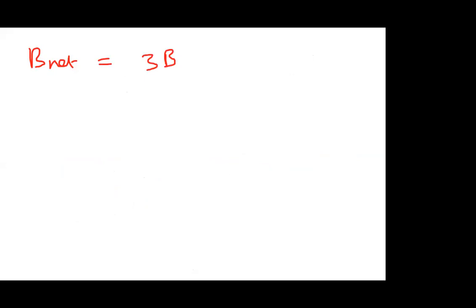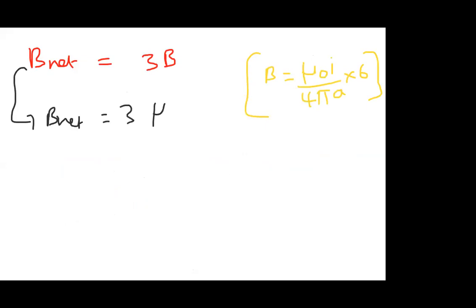We just told the magnetic field induction due to one conductor is mu naught I by 4 pi A into 6. Like that 3 are there. So B net is equal to 3 into mu naught I by 4 pi A into 6.